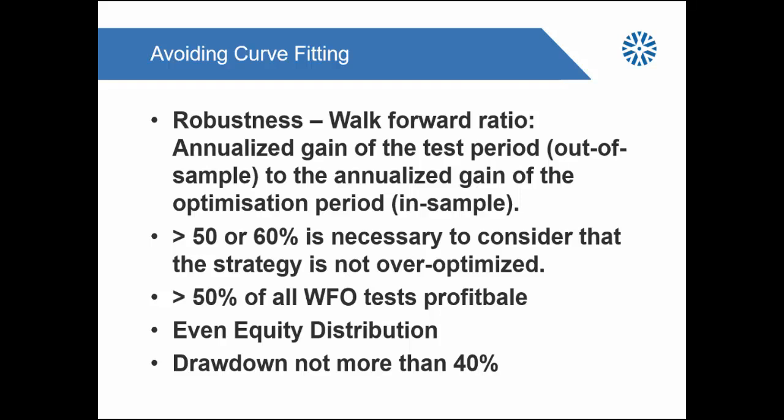And you want to make sure that you get a lift of 50 or 60% to make sure that you haven't just over optimized your strategy in a way where the out of sample basically equals or correlates with the in sample. Because if that's the case, you have done nothing else but fitted yourself perfectly to history, and that defeats the whole purpose of walk forward optimization, right?